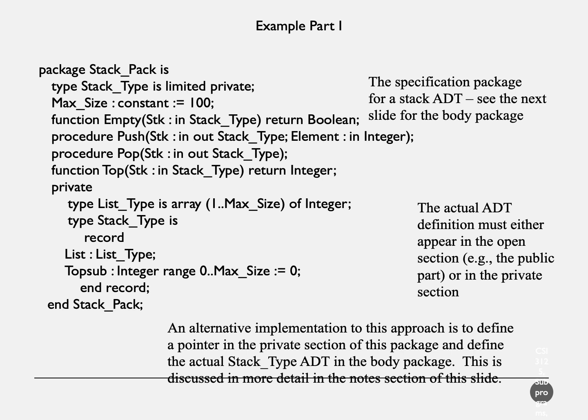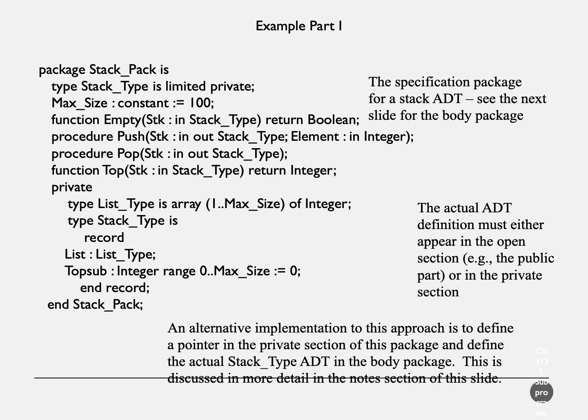Okay, to bring our discussion of ADTs in Ada into practice, let's examine this example, which shows how a stack abstract data type is implemented using Ada's package system. This slide displays the specification package named StackPack. At the top, you can see the type stack_type is declared as limited private, which hides the internal details from the user.